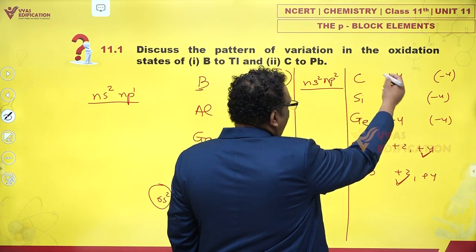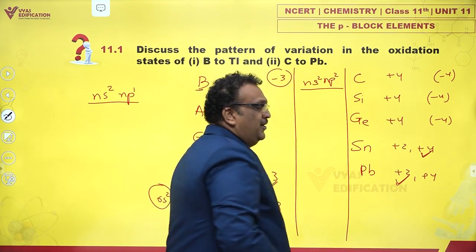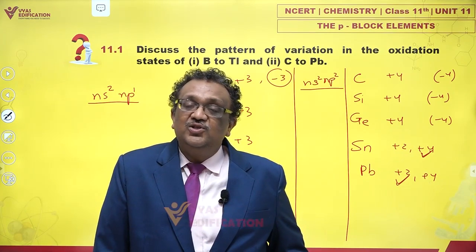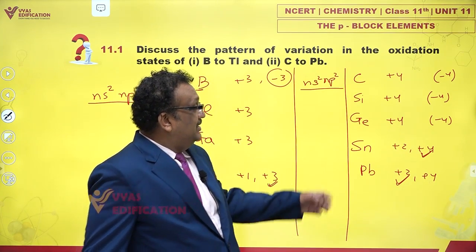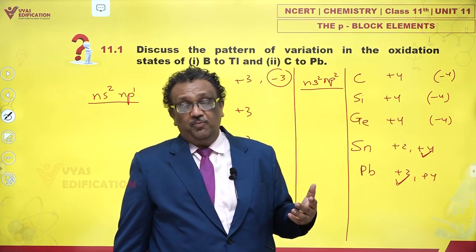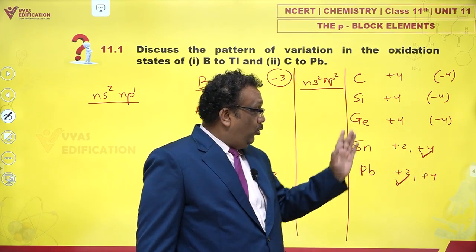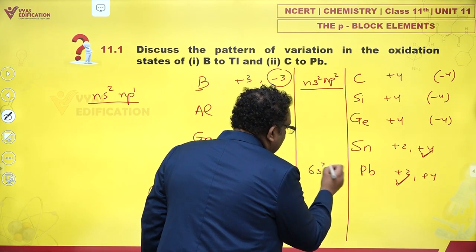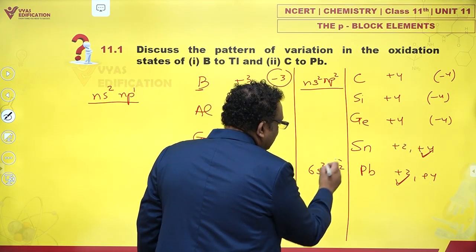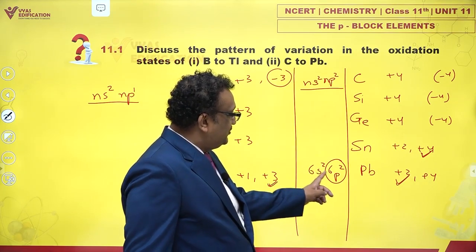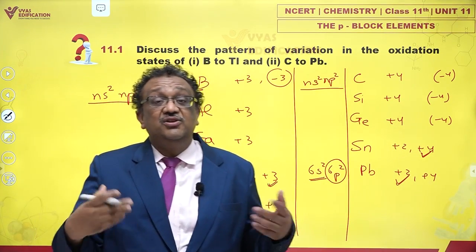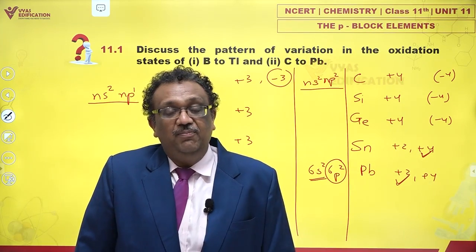For silicon and germanium, +2 is so unstable that it does not even exist. In tin, +2 begins to show up, although +4 is more stable. Only in the case of lead, which is in the 6th period, the electronic configuration is 6s2, 6p2. You find that 6p2 is lost easily. 6s becomes inert. It is relatively more stable.